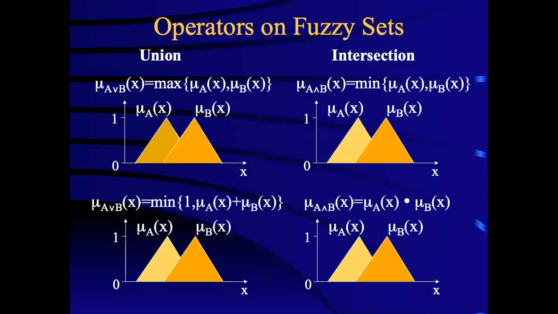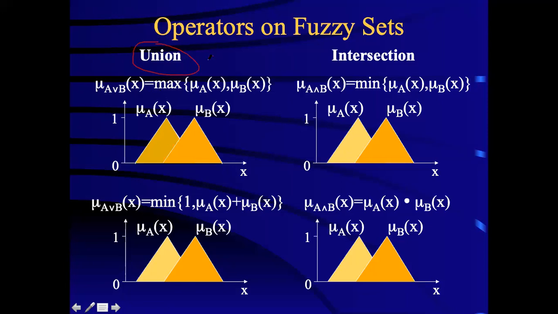We discussed different operators on fuzzy sets or fuzzy linguistic variables. So here you have the union operation, which is another way of saying the OR operation.